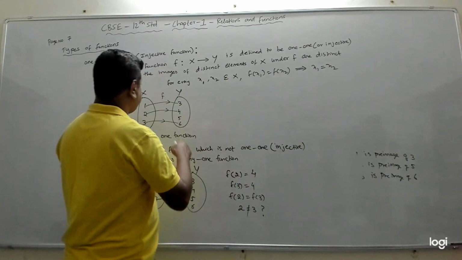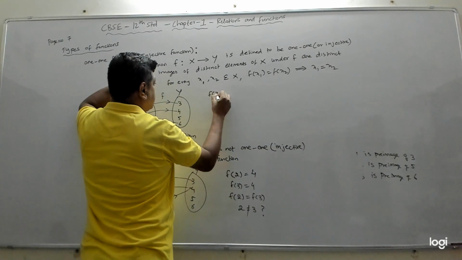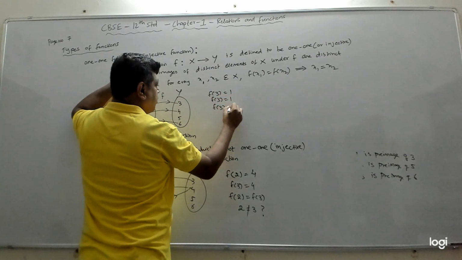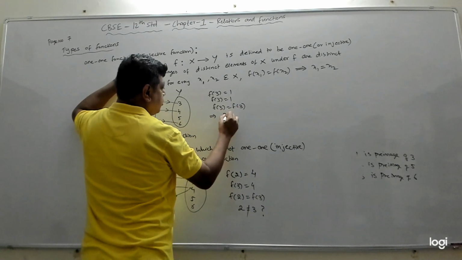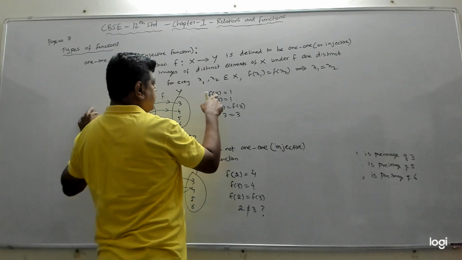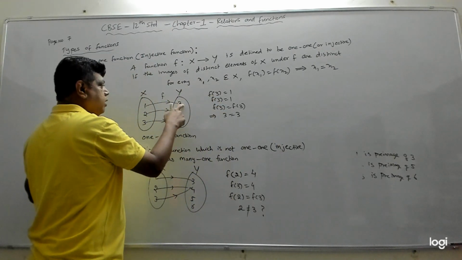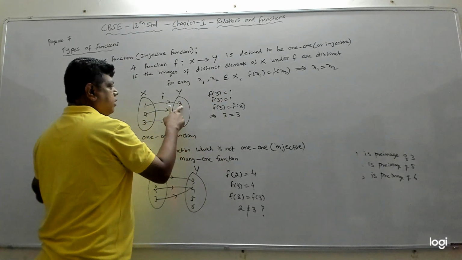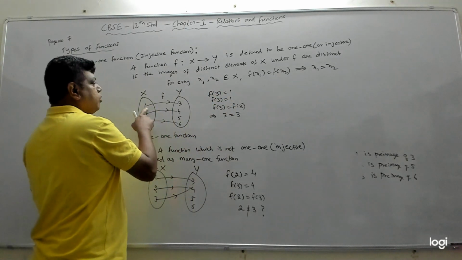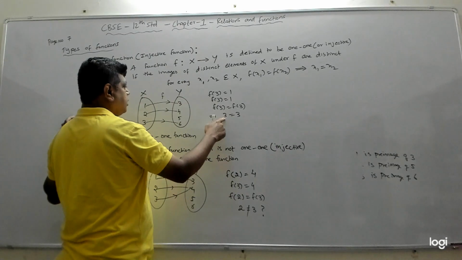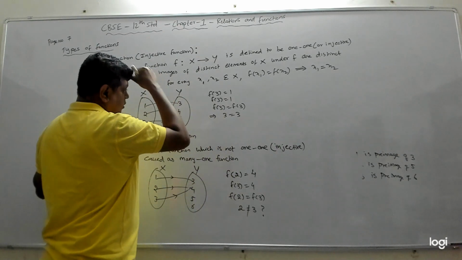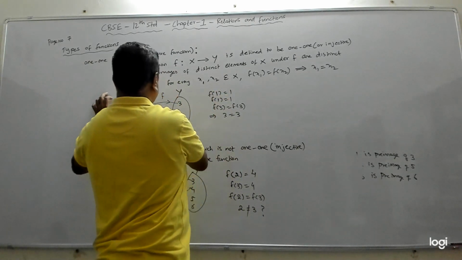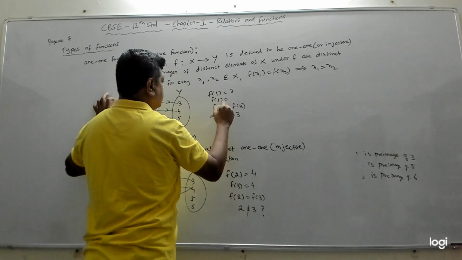Right? So here, f of 1 equals 3. See, f of 1 is 3, so f of 1 equals f of 1.